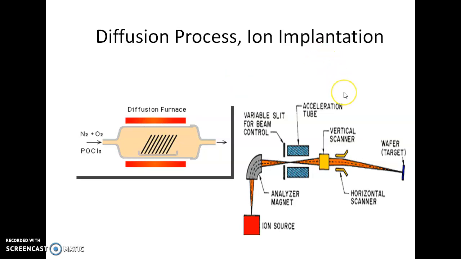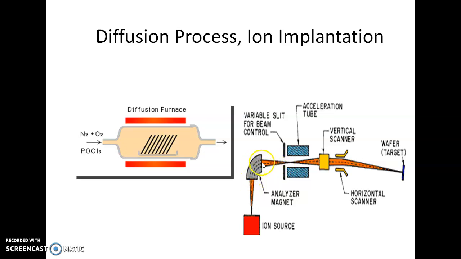Ion implantation is one more type of doping technique, where doping can be done deep into the wafers. This is the arrangement of ion implantation, where a high energy ion beam from the ion source is sent through an analyzer magnet, which makes the beam move in a perpendicular direction.